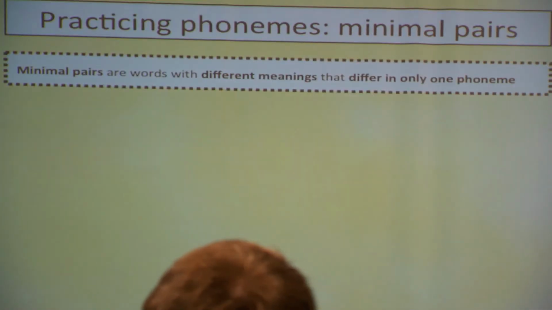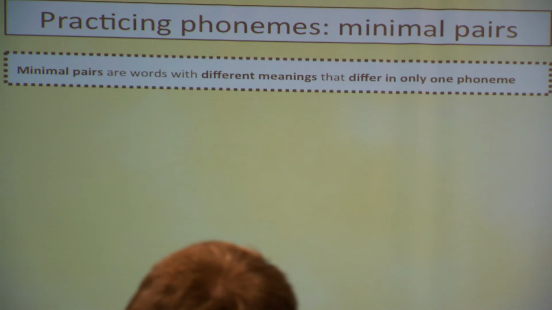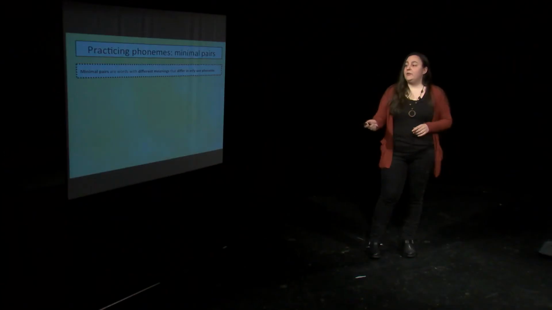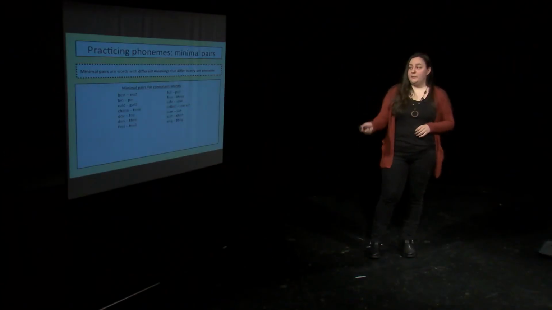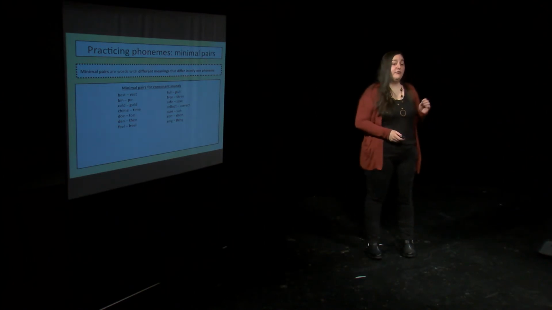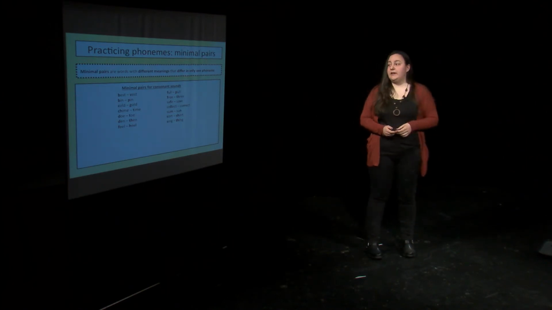Yes? Okay, that's great. So what we'll do is practice minimal pairs, and you will get out your exercise sheets that will have these lists of minimal pairs for the consonant sounds that are phonemic, that are phonemes, okay?